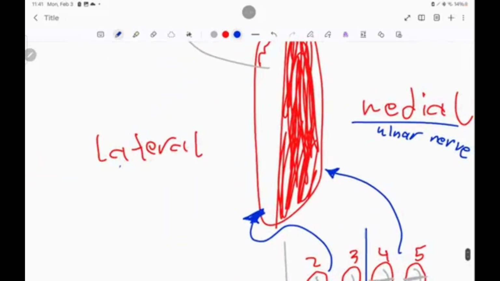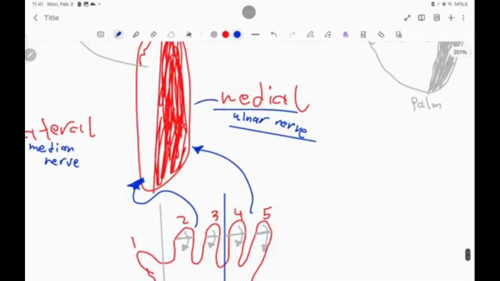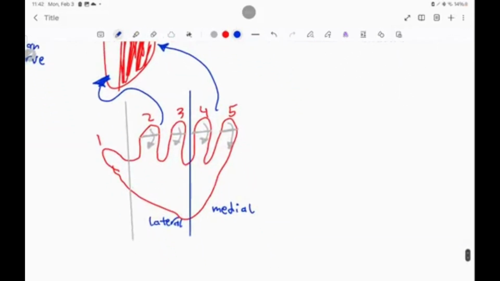Lateral side, median nerve. Okay? So if the ulnar nerve is damaged, this means the medial part will be affected, and thus the medial fingers in this case will be affected, which are the 4th and 5th fingers. So what will happen?